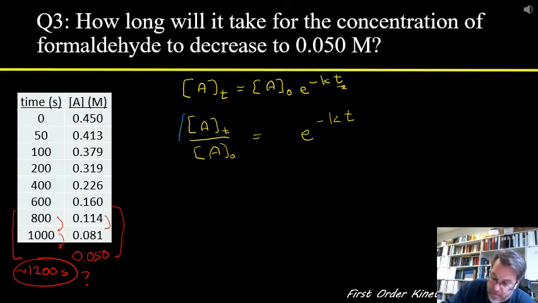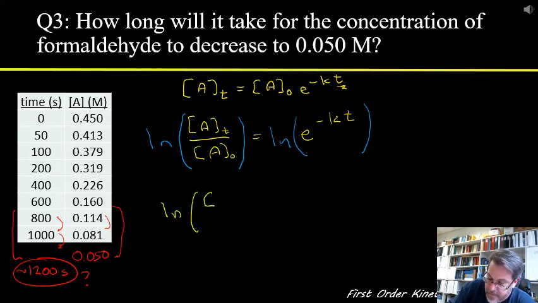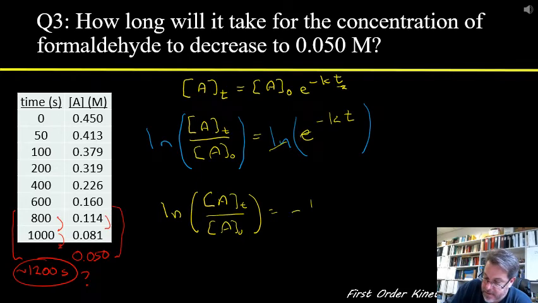And then in order to get the T out of that exponent on the right-hand side, remember we do what we've been doing. Take the natural log of both sides. And this is going to give us the natural log of the ratio. Over on the right side, the natural log of e to the minus kt is going to be minus kt.